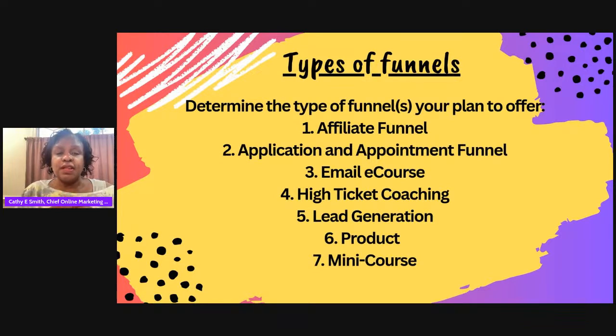But affiliate isn't as hard as it seems, because with your family and friends, if you go to a good restaurant or see a great movie, you might tell somebody to go see it. It's the same thing with a product or service.